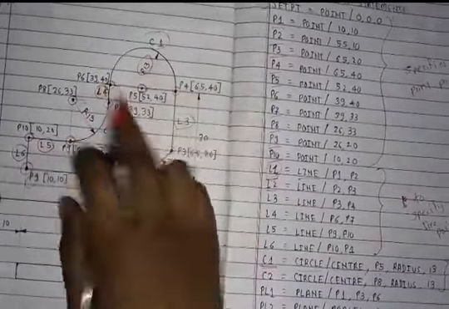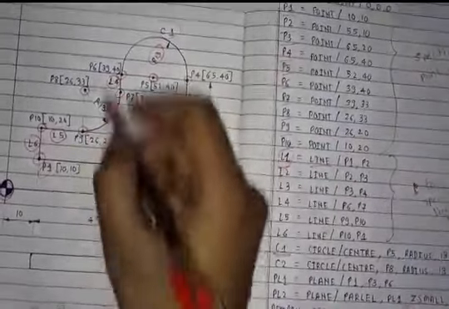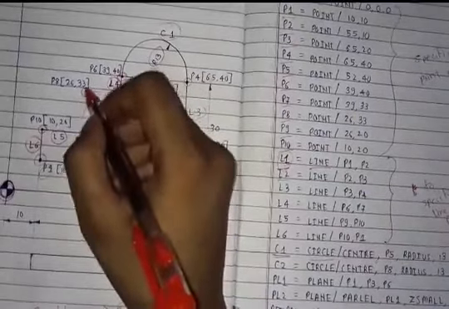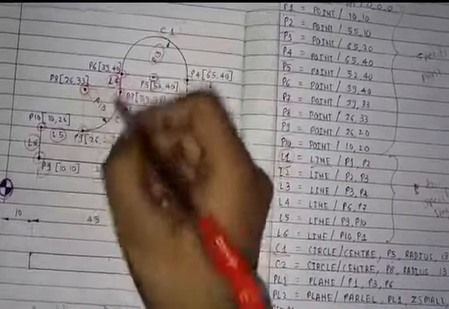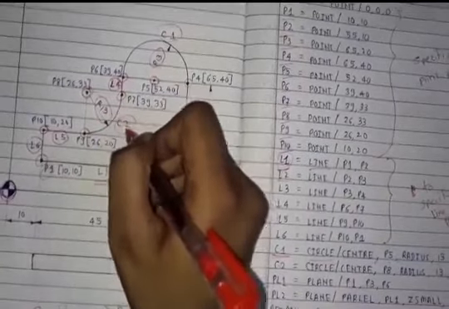This is a semicircle, and here C2 is an arc. P8 is the center point and R13 is the radius of this arc C2.